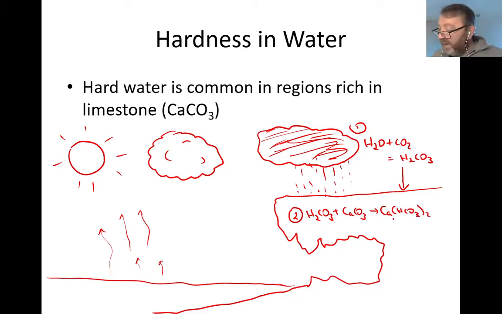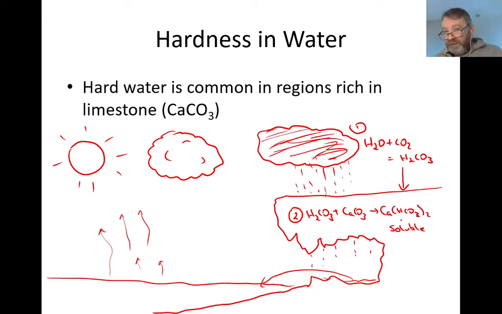Now, that calcium hydrogen carbonate is soluble. It trickles down drop by drop from the cave into the cave itself, and from the cave it moves back into the sea or the river, whatever's beside it, and that's how the calcium gets into water.